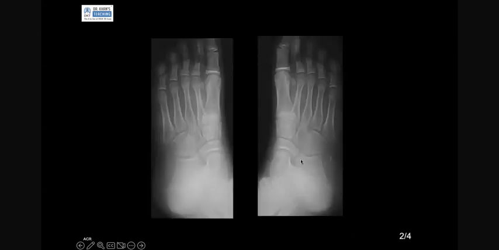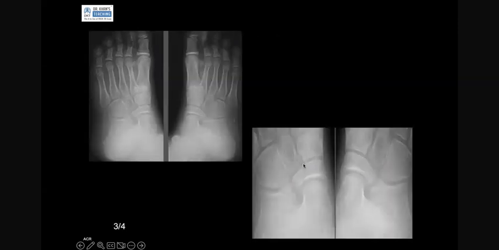Now, on the oblique view, this is an example of calcaneonavicular coalition. But this one is not a bony coalition. If you look carefully, this is the normal side. This is the joint space between the navicular and the calcaneum. And look here, there is a bit of marginal irregularity, and the joint space is not as well defined as this one.